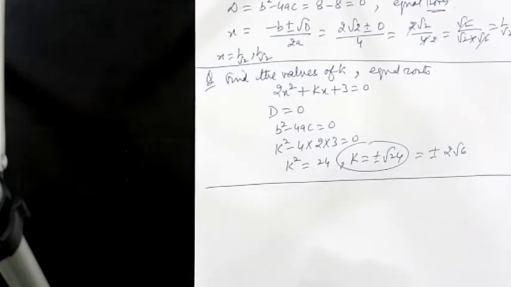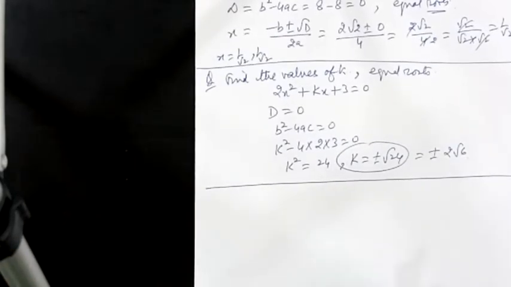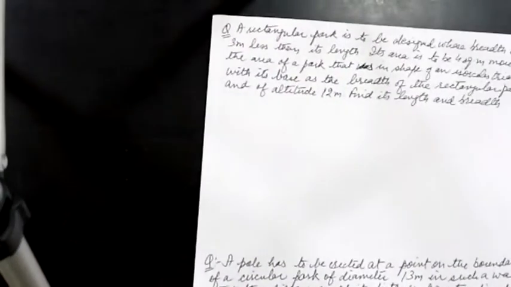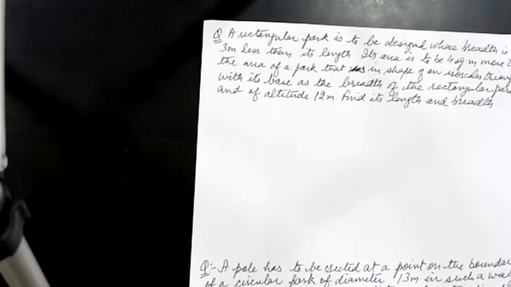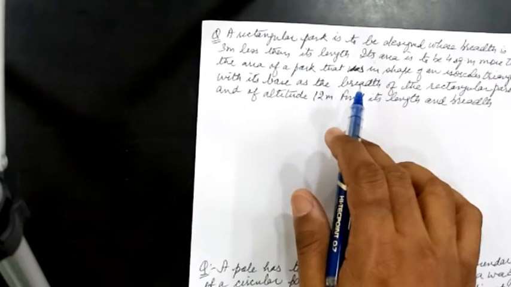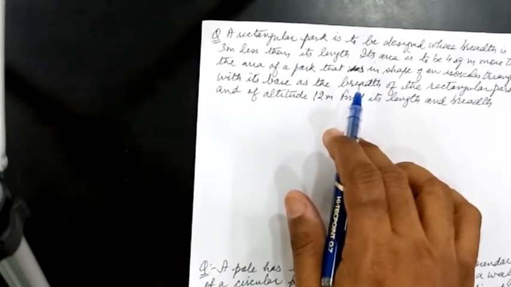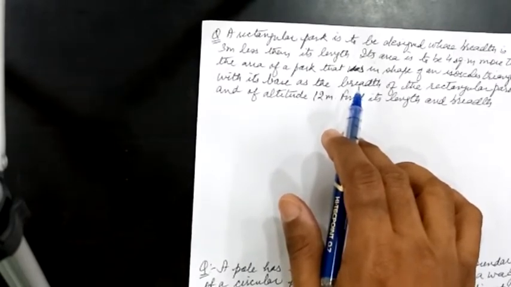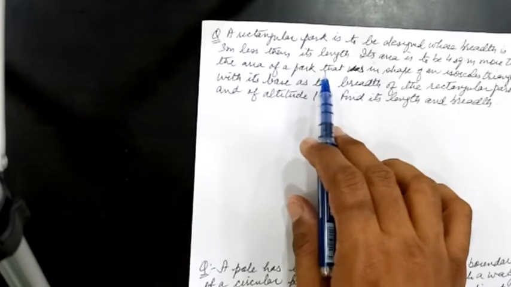Now let us take some more examples, some statement type questions, in a hurried manner like this. Just see. A rectangular park is to be designed in such a manner whose breadth is 3 meters less than its length.